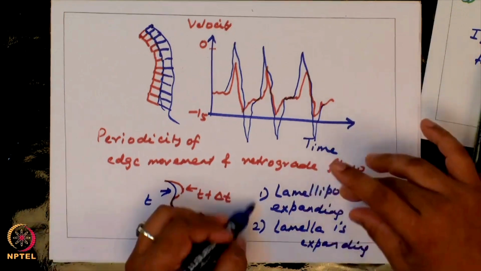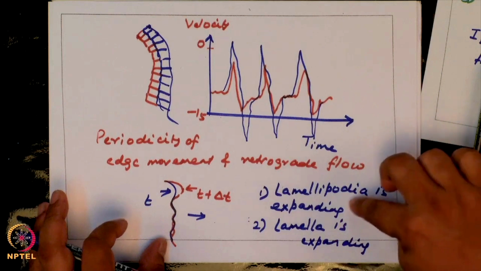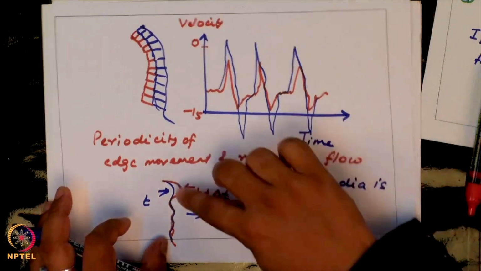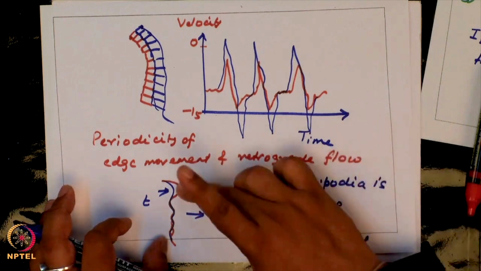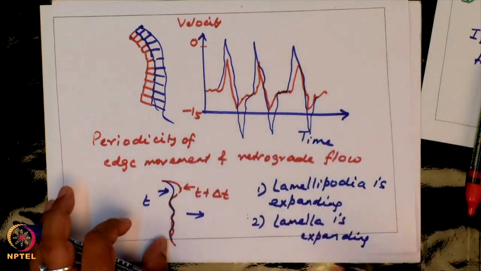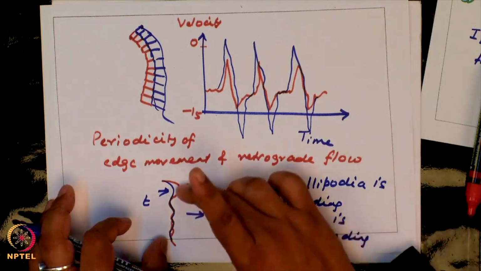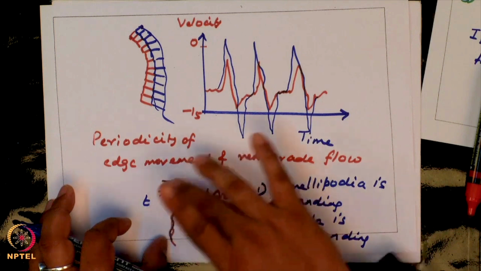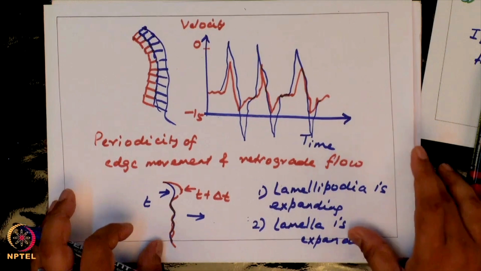So, what is the difference between these two possibilities? If the lamellipodia is expanding and this protrusion is very local, this would mean that the lamellipodial thickness will increase. Versus if the lamella is expanding, then whenever you have a protrusion event, the thickness of the lamellipodia will remain the same.